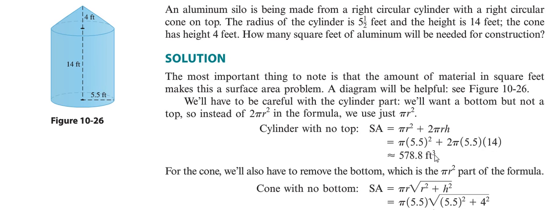That should be feet squared. That's a mistake in the textbook there. Area is always measured in square units, not cubic units. When you have cubic units, that refers to volume. So once again, that's a mistake in the textbook. Be sure to note the mistake and make a correction in your notes.